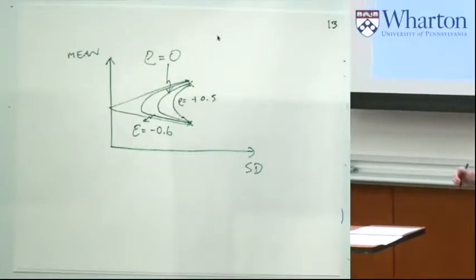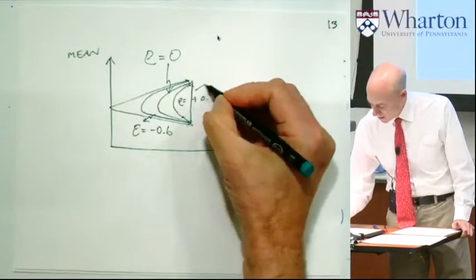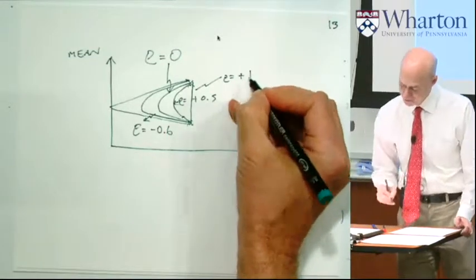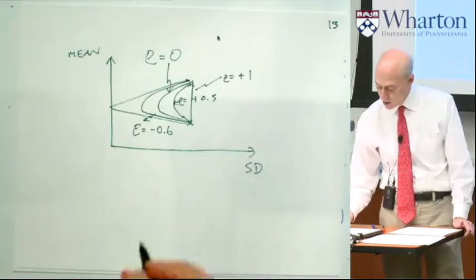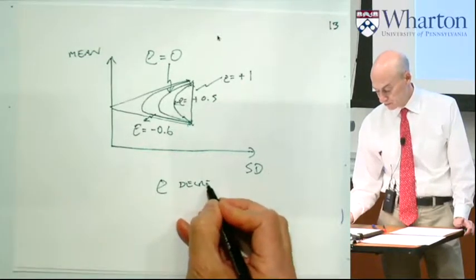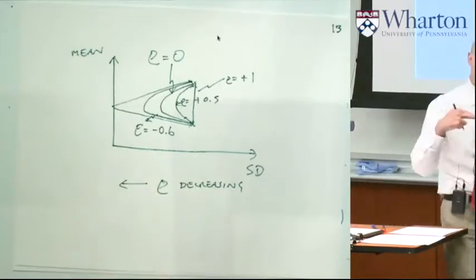The vertical line between the two. So this would be rho equals plus 1. So as rho goes down, we get closer to the axis, we get more benefit from diversification. Any questions on that?